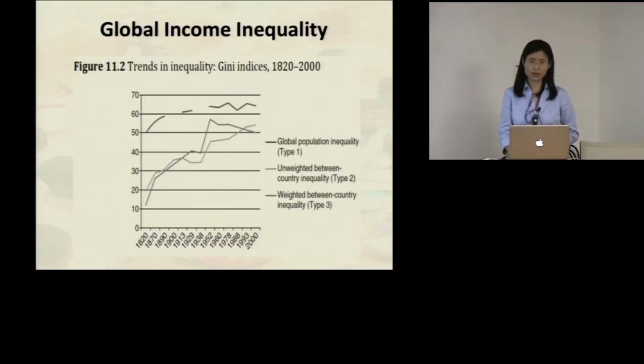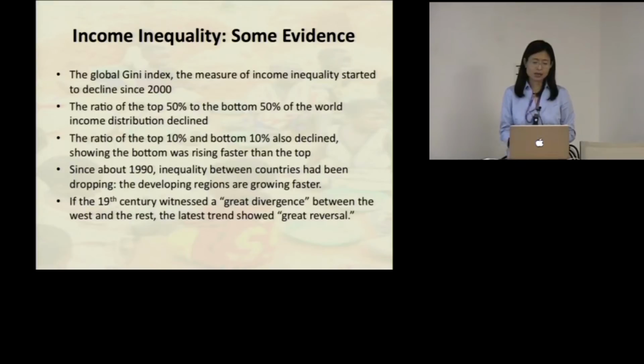Well, what conclusion can we get from this chart? Some people say that income inequality is reducing because the global Gini index started to decline since 2000. Also, if you look at the ratio of top 50% versus bottom 50%, and the ratio of top 10% versus bottom 10%, they both declined.